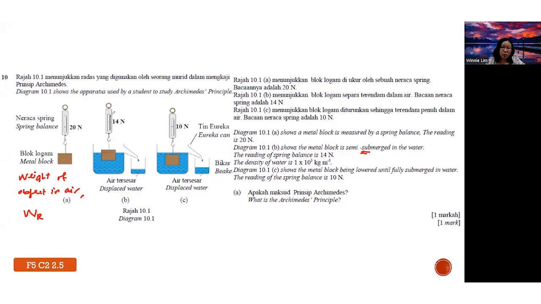Okay, the reading reduces. So why does it reduce? This is the weight of the object in water or fluid. This is also called the apparent weight, WA. So how come it reduces by 6 Newton? Because this block is now acted on by the buoyant force, which is upward, causing the total weight of the block to become less when it's in water.